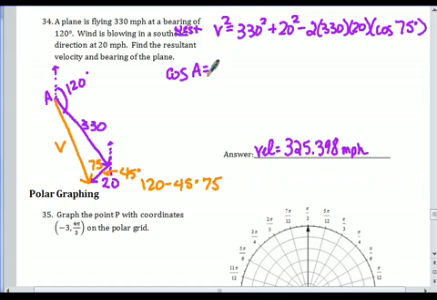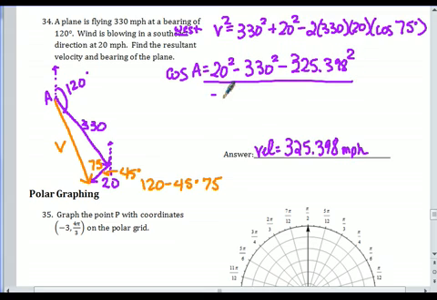Cosine of angle A is going to be equal to the side across from it squared, 20 squared, minus 330 squared, minus the V side, which we just found to be 325.398, squared, divided by negative 2 times 330 times 325.398.